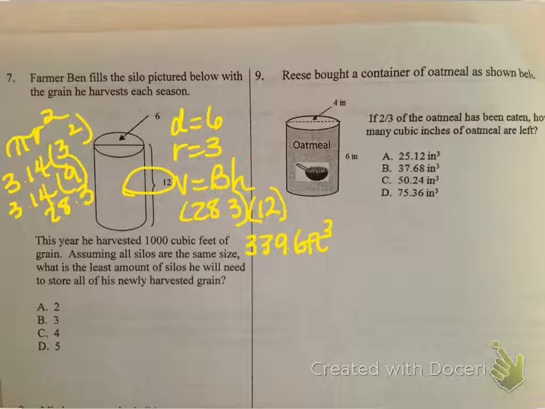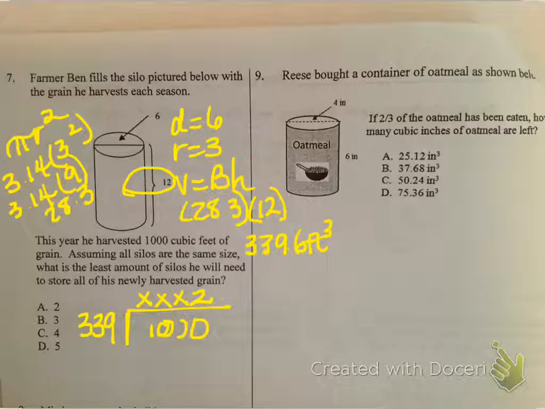But he harvested 1,000 cubic feet. So I need to take 1,000 and divide by 339. When I do that, I see that 339 does not go into 1, it doesn't go into 10, it doesn't go into 100, but it goes into 1,000 two times.